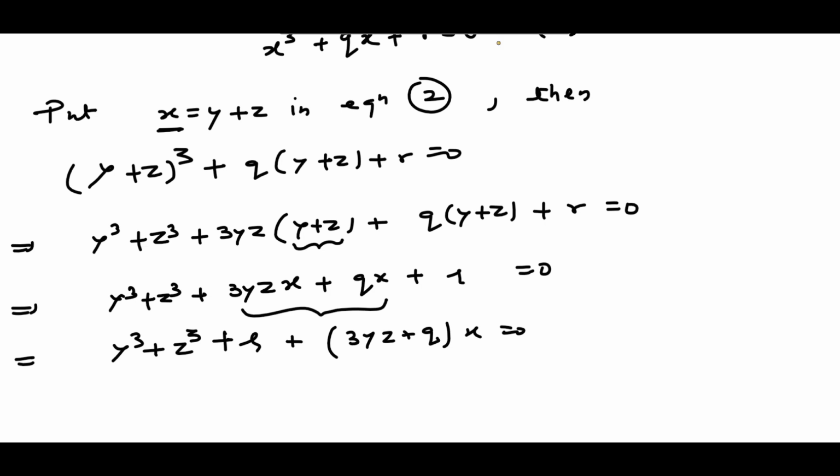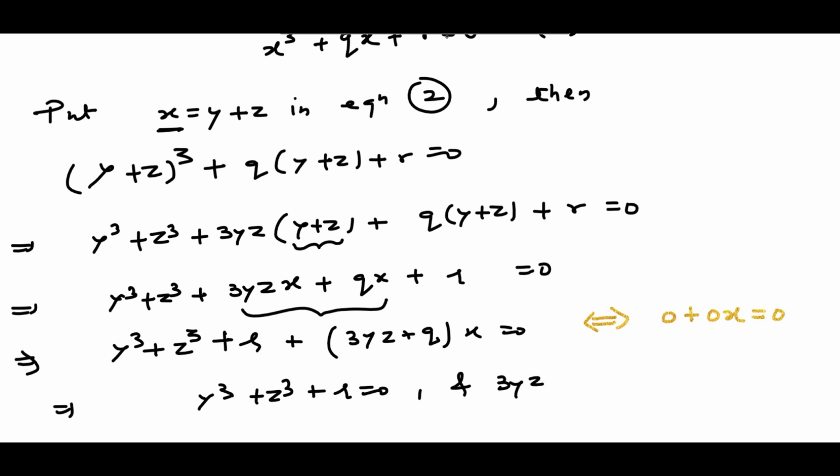Now further we need to compare this equation with 0 plus 0 times x is equal to 0. So comparing, we will get y cube plus z cube plus r is equal to 0 and 3yz plus q is equal to 0.